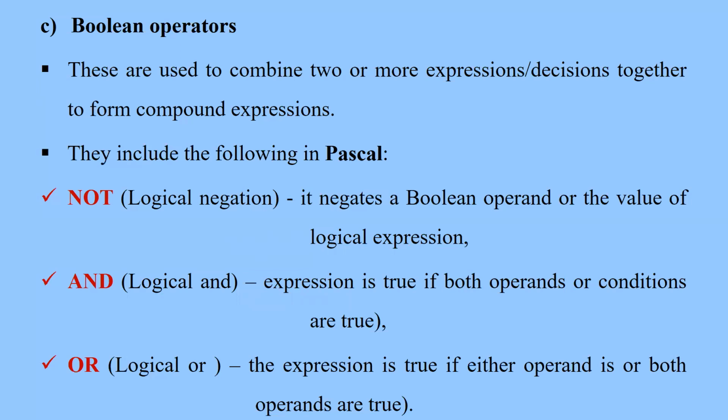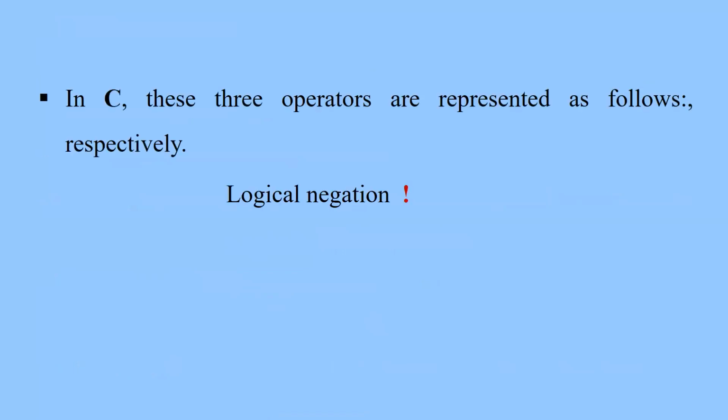So in Pascal, logical negation is written as NOT, logical AND is written as AND, and logical OR is OR. But in C, we don't have such names. What we have is logical negation, logical AND, and then logical OR.